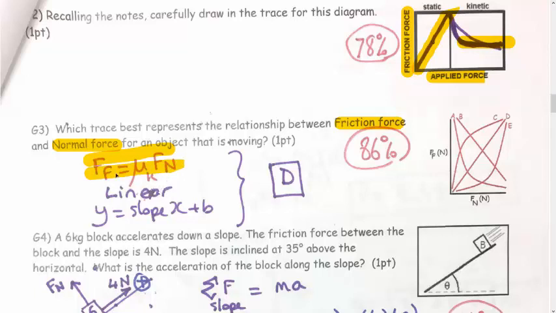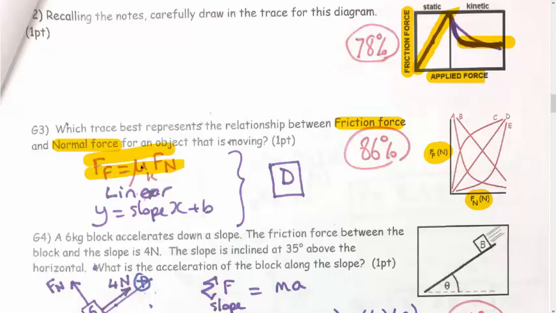And then I'm saying, well, is this inverse? Is it inverse square? Is it a quadratic equation? Is it linear? And I look at this, and the thing to do is to look at your axes. My y-axis is Ff, and my x-axis is Fn. So this is a linear relationship.